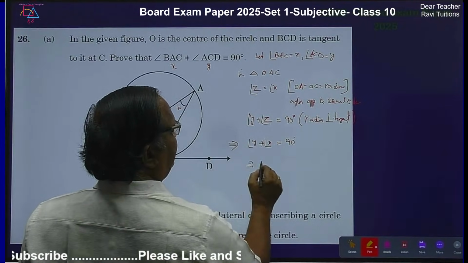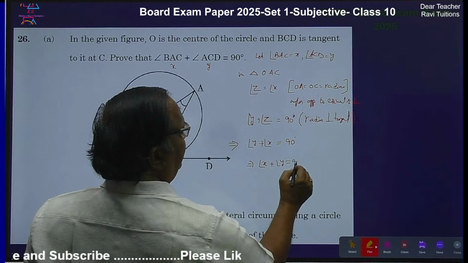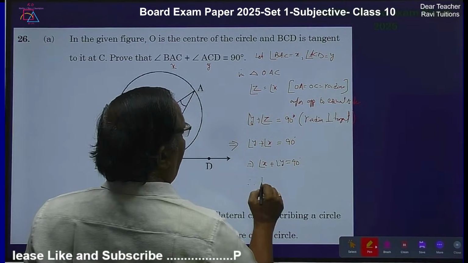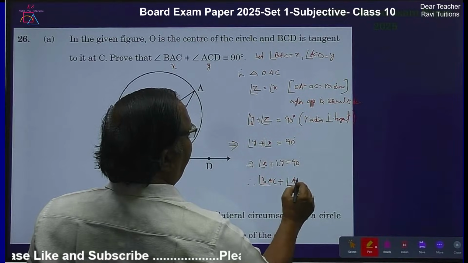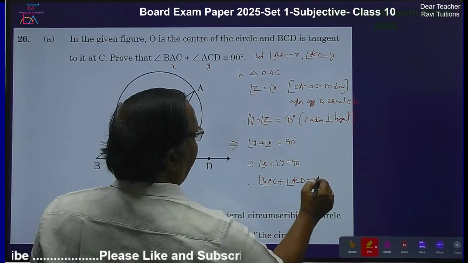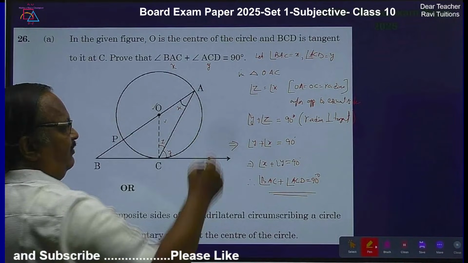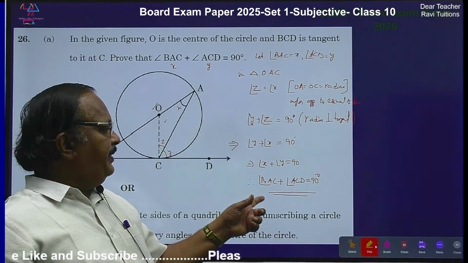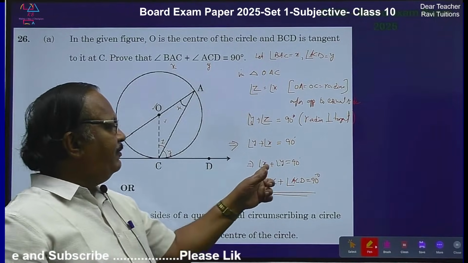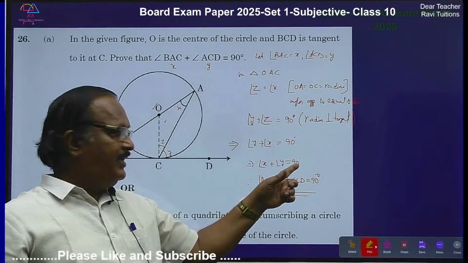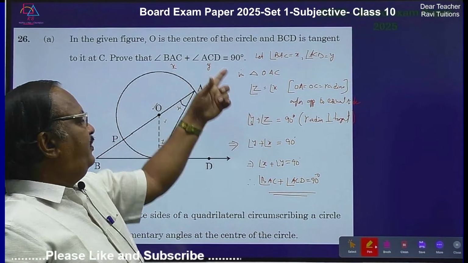So that implies angle X plus angle Y is equal to 90 degrees. Therefore, angle BAC plus angle ACD is equal to 90 degrees. You have to bring back the original notation. Don't leave it like x plus y is equal to 90 degrees, because we have to prove this. This is the conclusion.